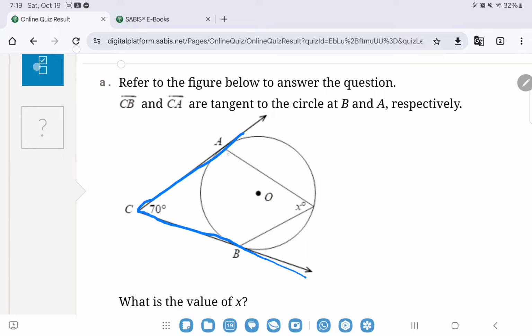If this is your angle 70, then this arc is all 140. So the blue arc is 140. If the blue arc is 140, then whatever is left of the 360 goes to here. So 360 minus 140 is going to be 220. So this arc here is 220.